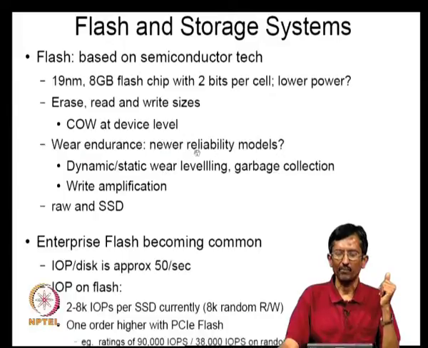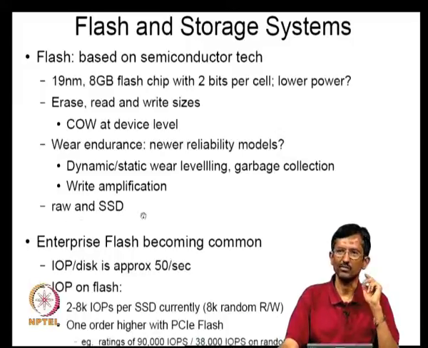So, flash has got some interesting new issues that have to be resolved. You have to do wear leveling and also garbage collection. Okay. Basically, these two things have to be part of your system somewhere. And that's the difference between RAW and SSD. RAW systems don't do any of these things for you, you have to do it yourself.